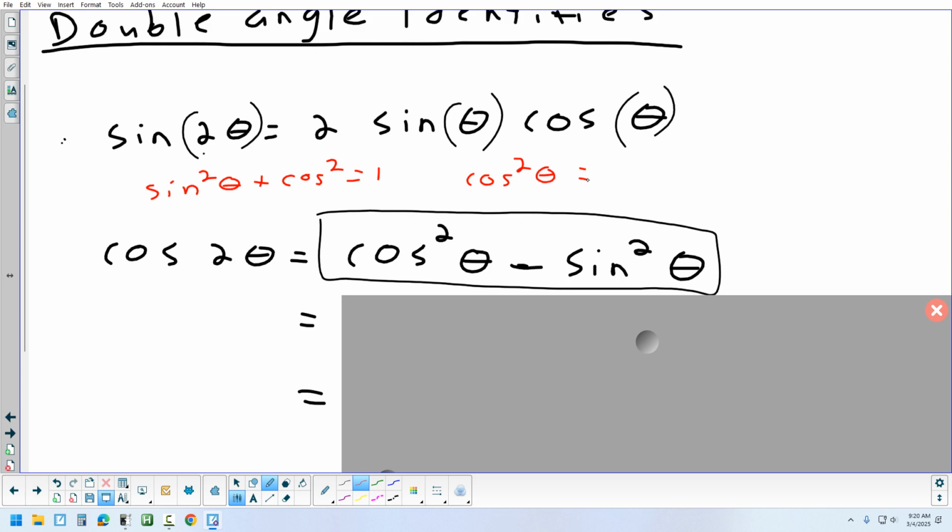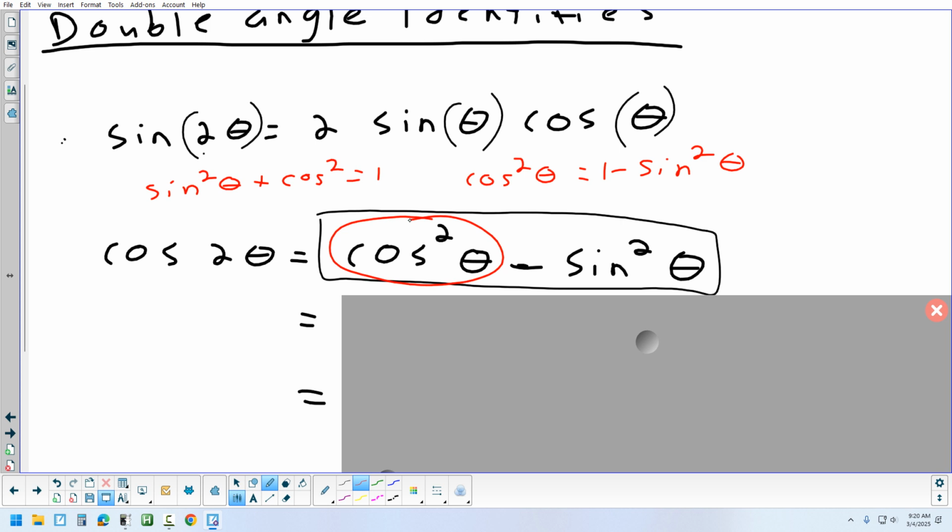Yep. 1 minus sine squared. If you make that substitution right there for cosine squared, you will get a different version of this formula.